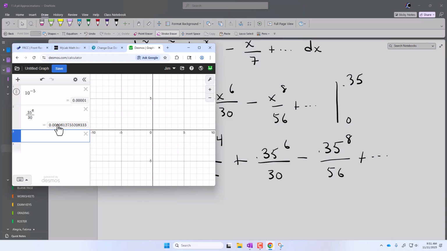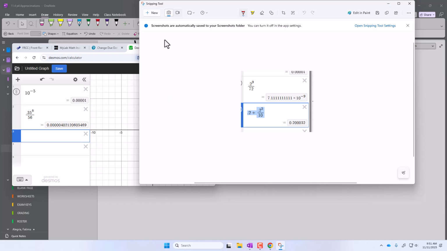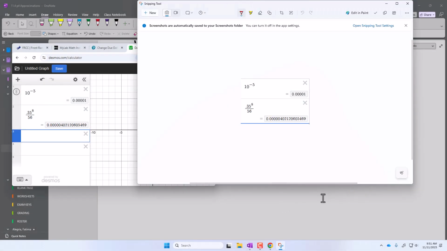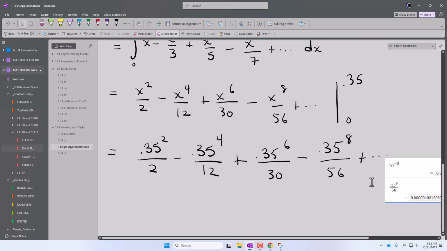Here we have 1, 2, 3, 4 zeros and a 6. So not quite enough. So if we go to 8, and then down here, change that to a 56. Voila. 1, 2, 3, 4, 5 zeros versus 4. That's definitely less. So that is our error estimate for everything in front of it.